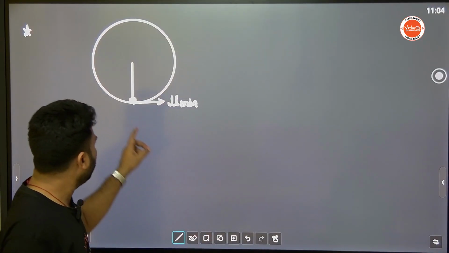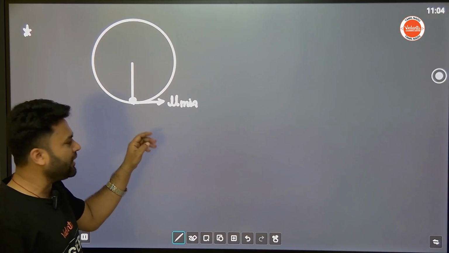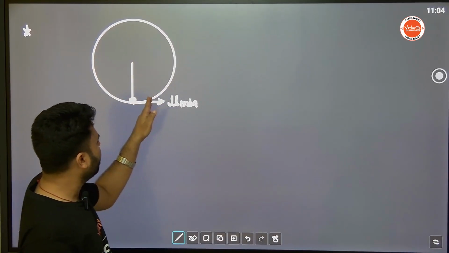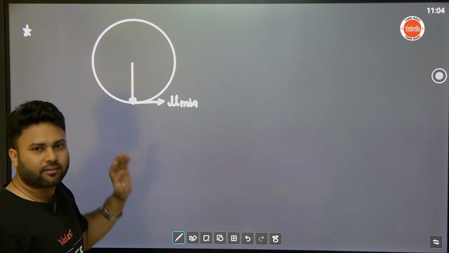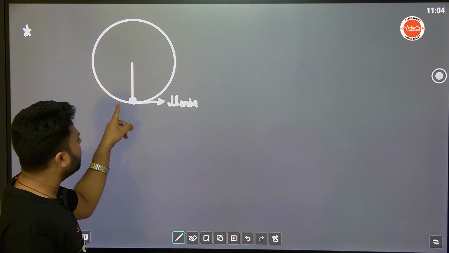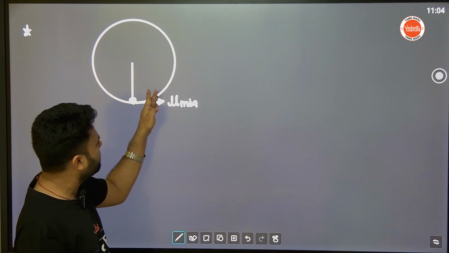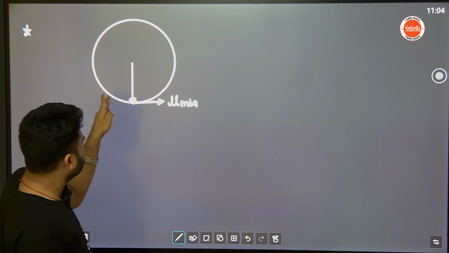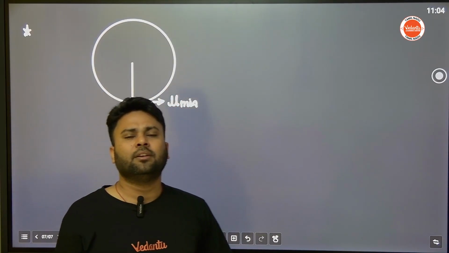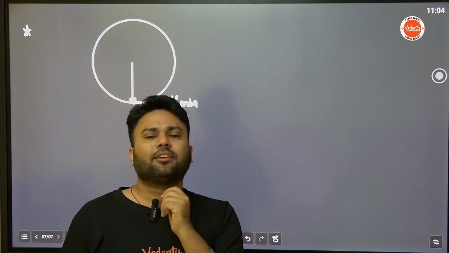Correct? Then suppose I provide very less velocity. What will happen? It will go to this height. It will come down. It will oscillate. If I just give it a gentle push, it will be a little disturbed. It will go like this. It will do the oscillation. It will not perform complete vertical circular motion.